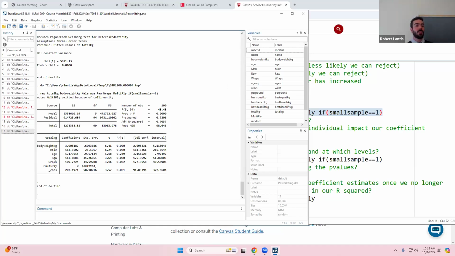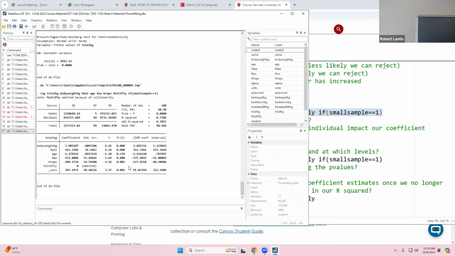Now, if I asked you what's the difference in the predicted weight lifted between meets that allowed wraps versus the ones that were raw or no assistive equipment, how would I find the difference between those two categories if this is the only regression I had?